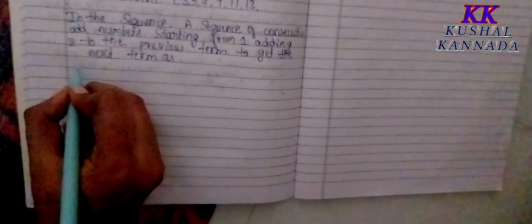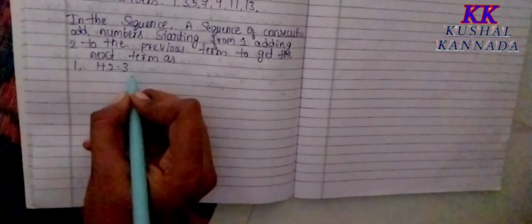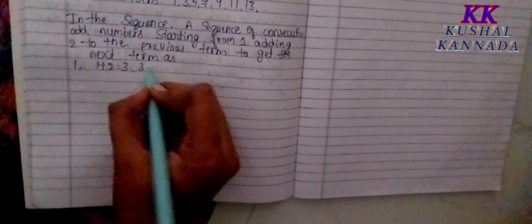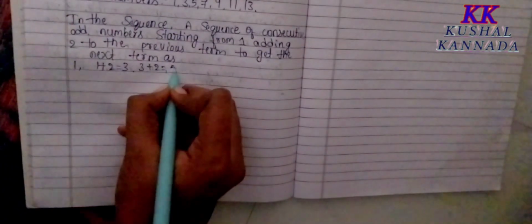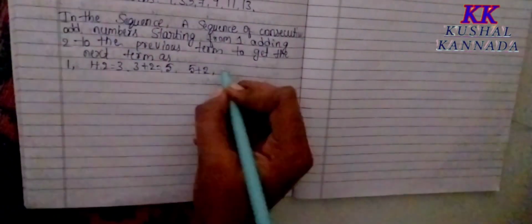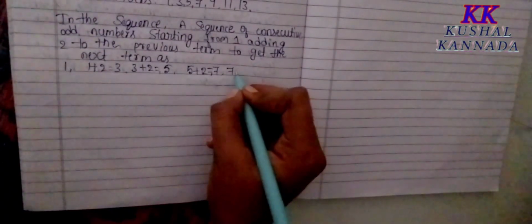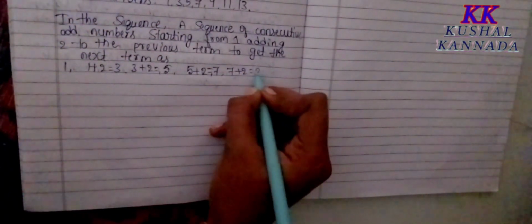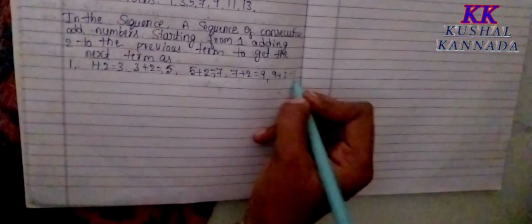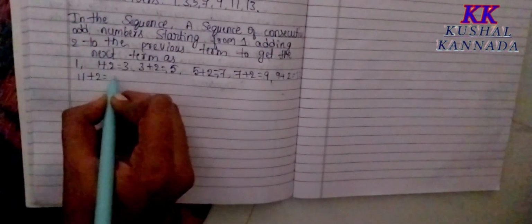As 1 plus 2 is equal to 3. 3 plus 2 is equal to 5. 5 plus 2 is equal to 7. 7 plus 2 is equal to 9. 9 plus 2 is equal to 11, right? 11 plus 2 is equal to 13, right?